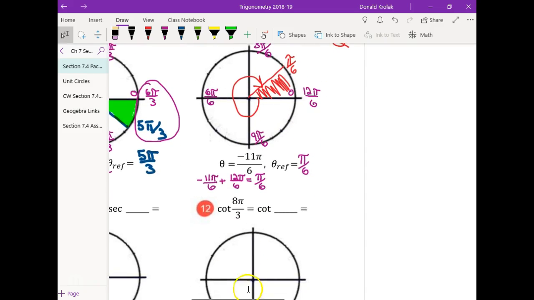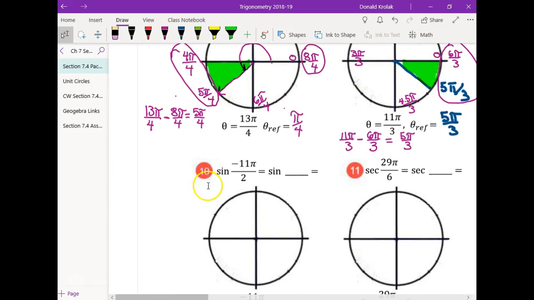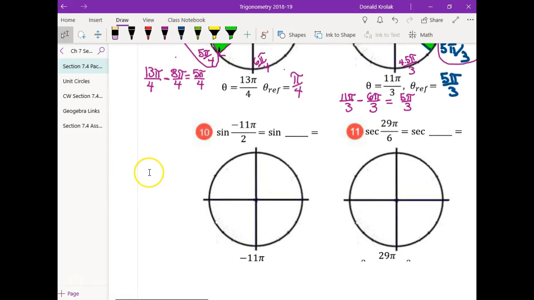All right. So here, try one just counting. Negative 11 pi over 2, counting, and see where you end up.